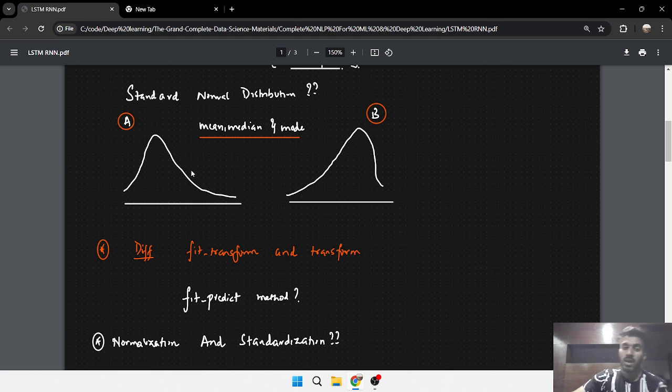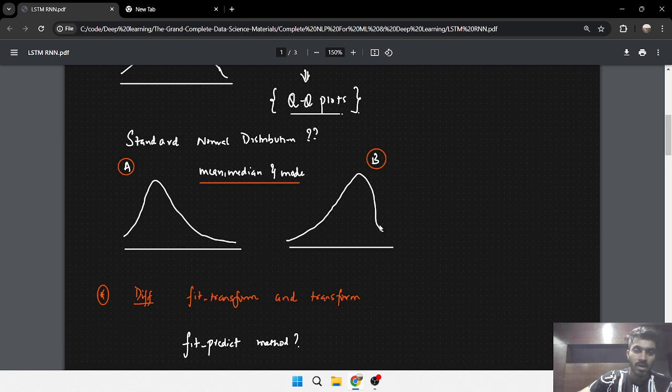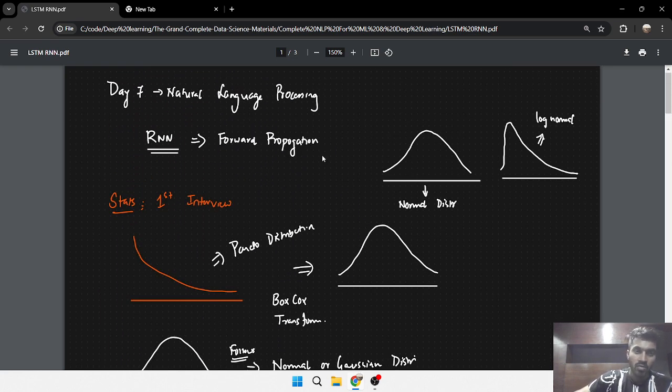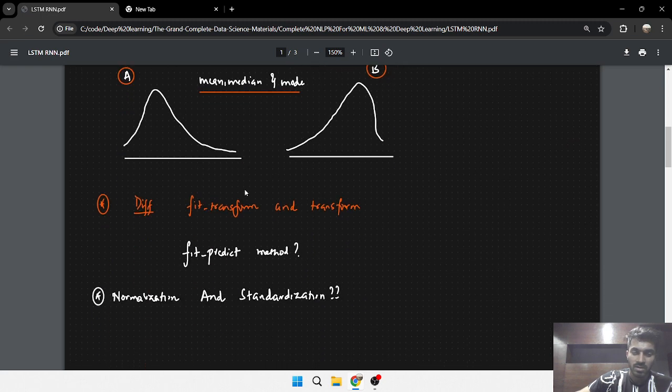In the right skewed case, mean is greater than median, and median is greater than mode. In the case of left skewed, mode is greater than median, and median is greater than mean. You can remember these relationships between mean, median, and mode. That's it for this interview question.